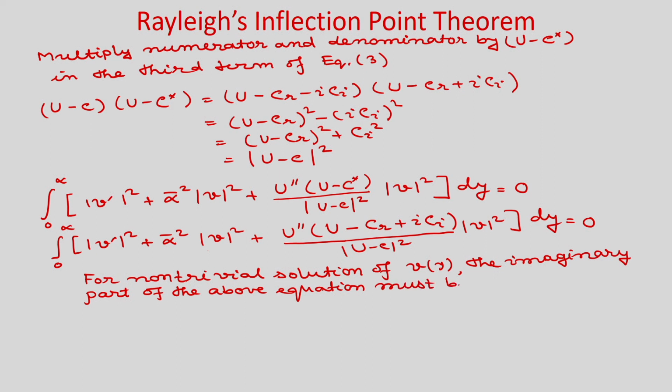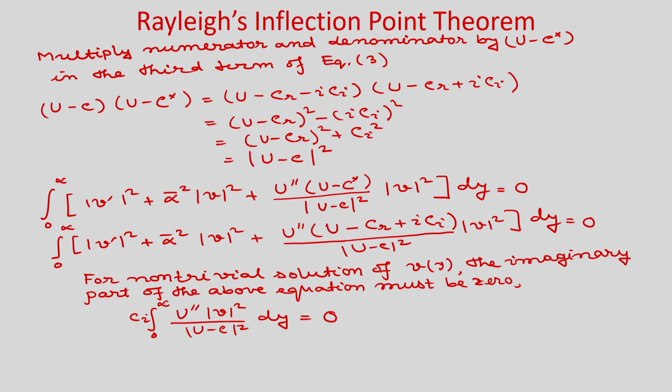Then we can see that the imaginary part will be just integral 0 to infinity Ci times u double prime mod v square divided by mod u minus C square dy equal to 0.